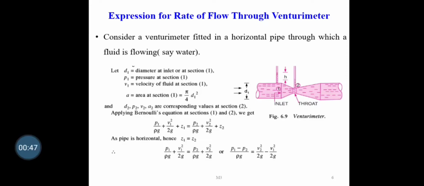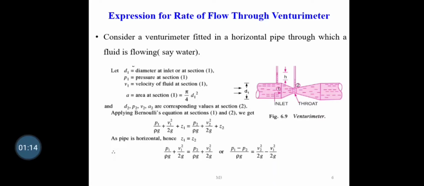the throat region. Now here the parameters at section 1 are denoted with the subscript 1. So D1 represents the diameter at section 1, P1 is the pressure at section 1, V1 is the velocity of fluid at section 1, and A1 is the area at section 1.